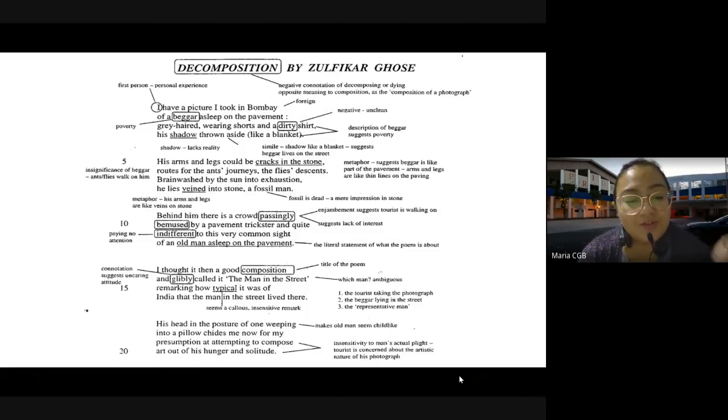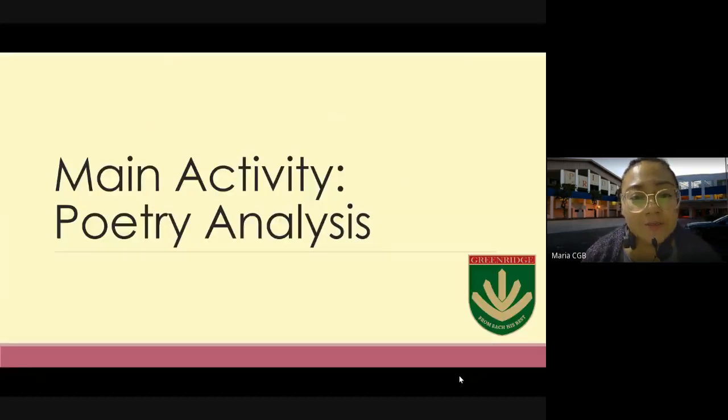So for stanza 5, you can focus on the image of the beggar lying down on the ground. All these stanzas create a mood of sadness, of melancholy, and of sympathy as well. All right, I will stop here.